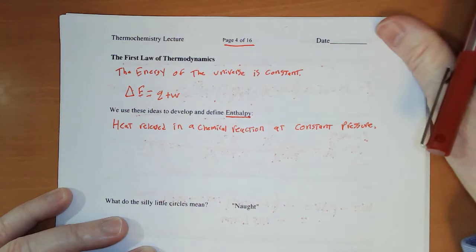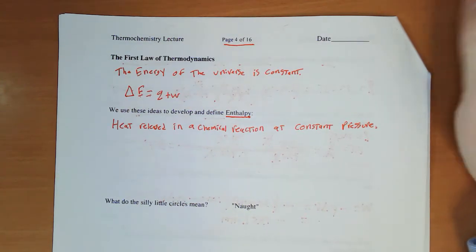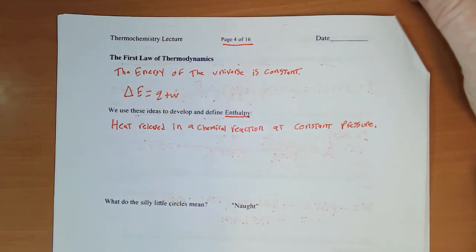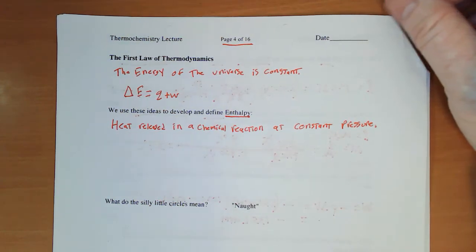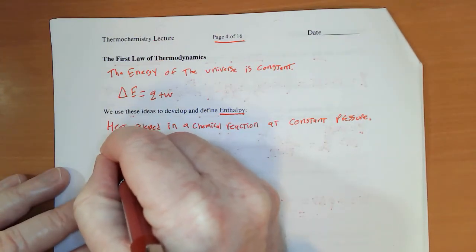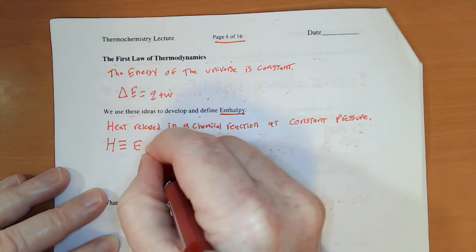Most of what we do happens at constant pressure anyways, so we can basically say that enthalpy and heat are equivalent in our classroom situation. So, mathematically, H is defined as E plus PV.